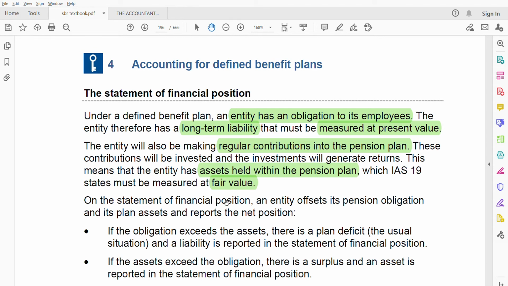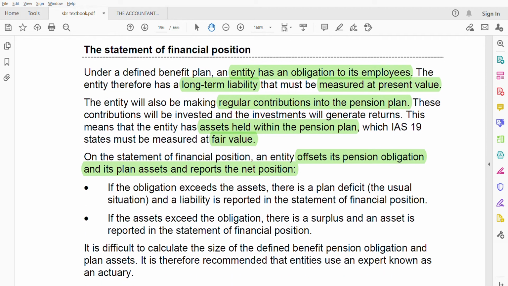On the statement of financial position, an entity offsets its pension obligation and its plan assets and reports the net position. This is very important. If you have a pension obligation, that means that's a liability, and plan assets, what do you do? You don't show it separately. You show the net position. You deduct your obligation from the plan assets and show the net position in the statement of financial position.